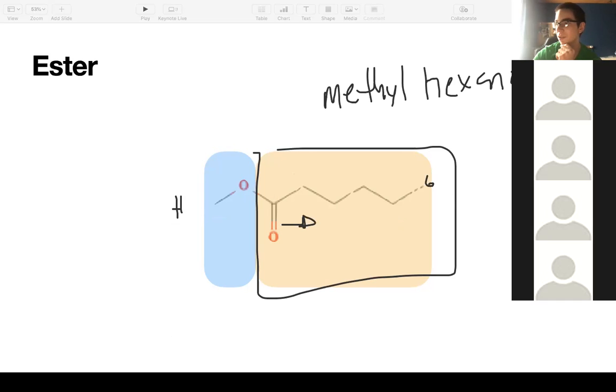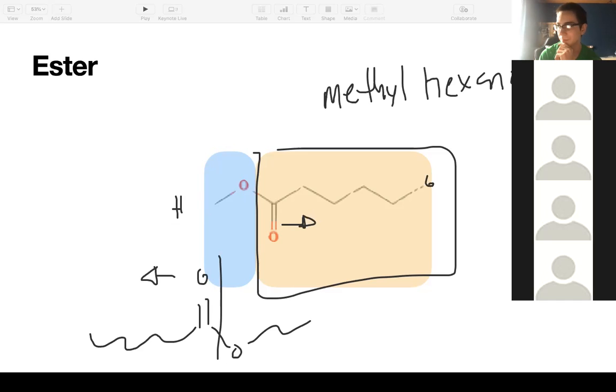Gotcha. Let's say it was drawn like this. We would still cut it down the middle, and anything from the carbonyl group this way is the parent chain. So whichever side has the carbonyl group.